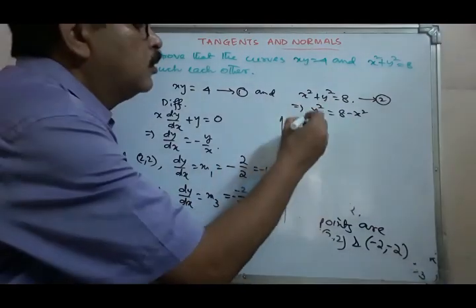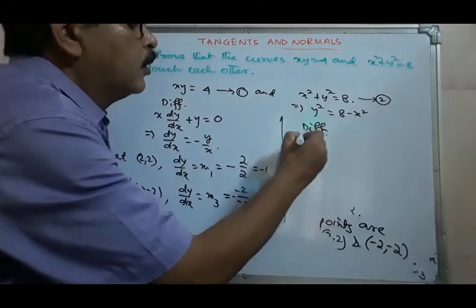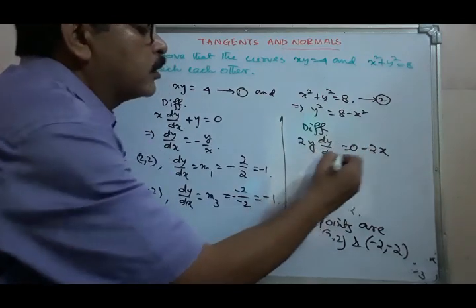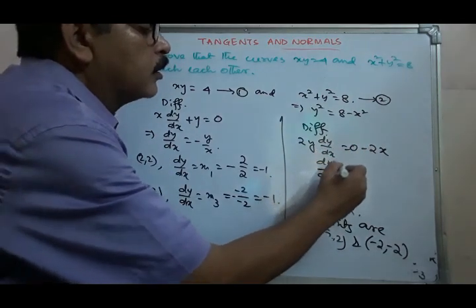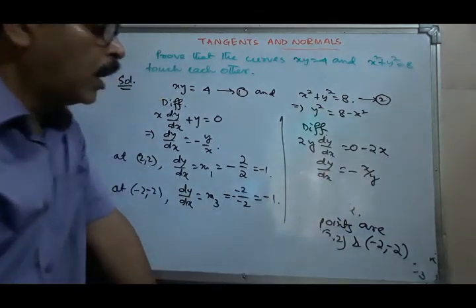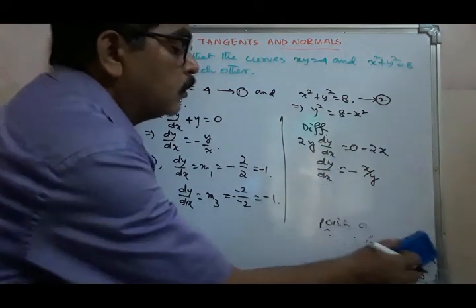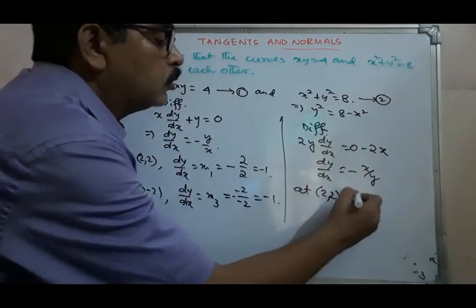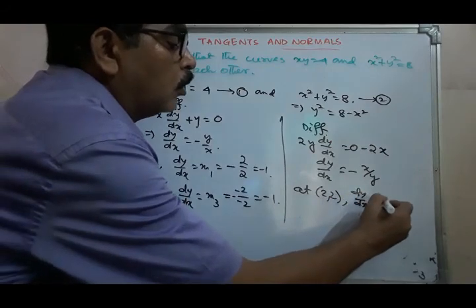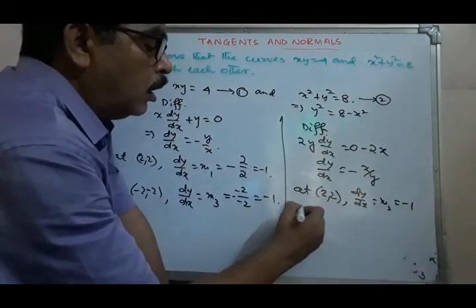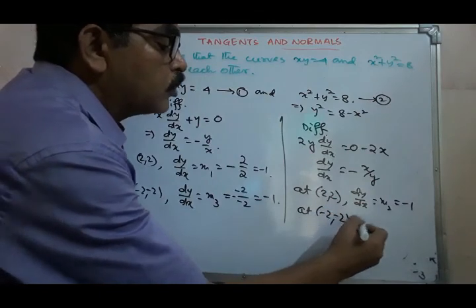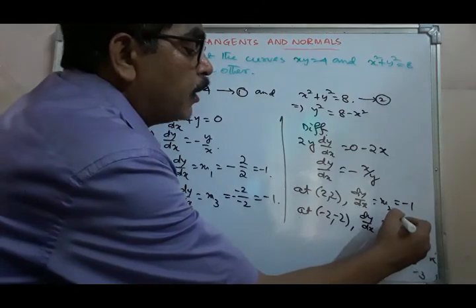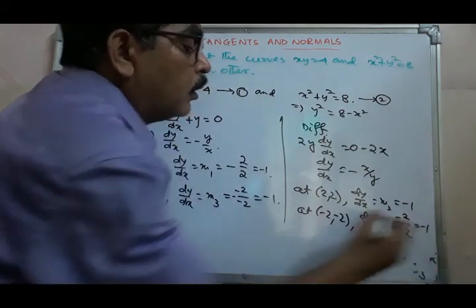Over here, differentiating, 2x plus 2y dy by dx equal to 0, so dy by dx is minus x by y. So therefore what we are getting at 2 comma 2 is minus 1, at minus 2 comma minus 2, dy by dx equal to minus of minus 2 by minus 2, that is minus 1.